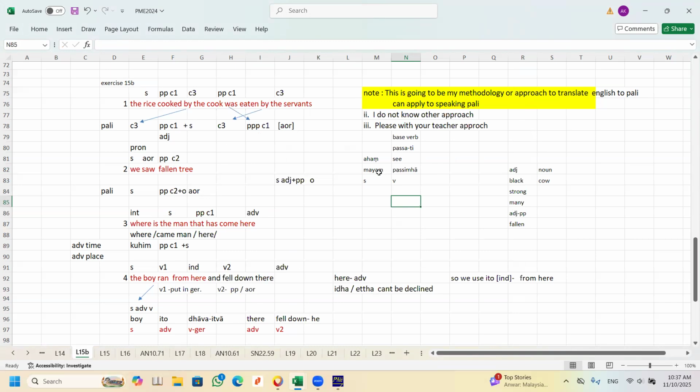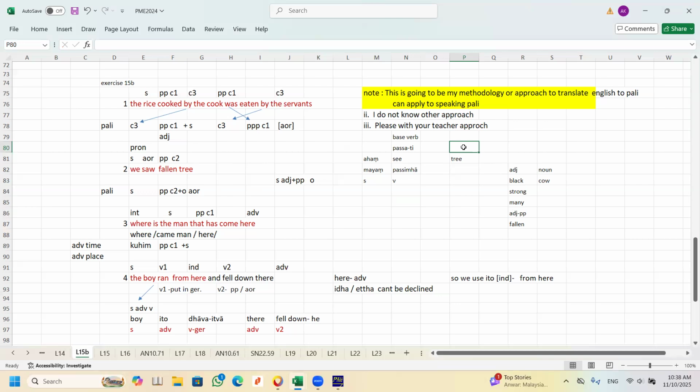That means now, subject, verb. So in this case, for your PPP, the first thing you need to do is identify the tree first.